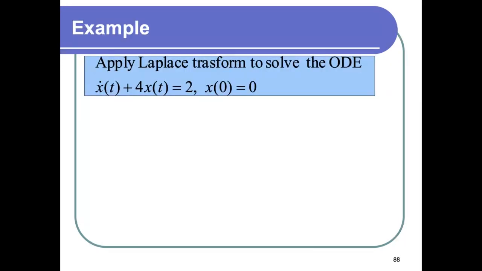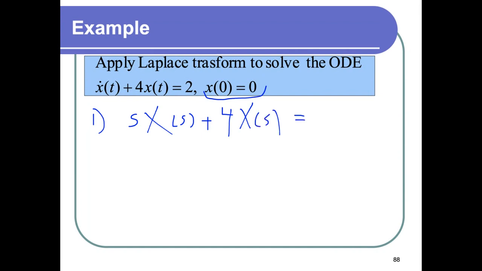With that, let's apply the Laplace transform to solve this differential equation. So we had 4 steps, right? Step 1 was to apply the Laplace transform to get an algebraic equation. We have 0 initial conditions. So step 1 gives me sX(s), I will not drop anything, plus 4X(s) equal to what?